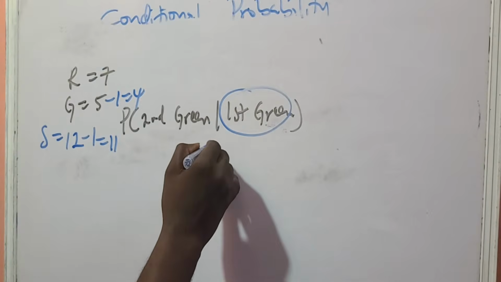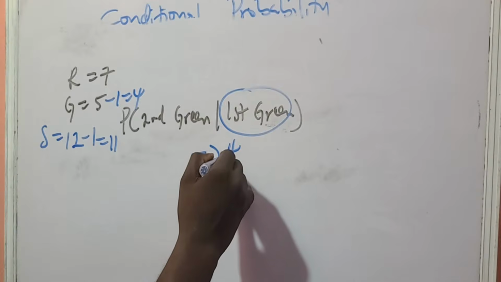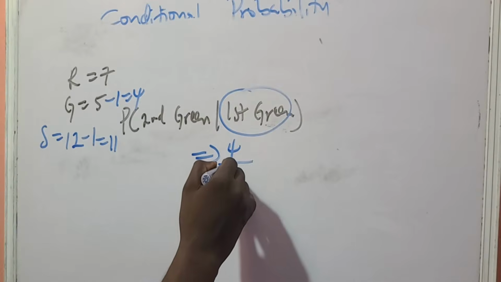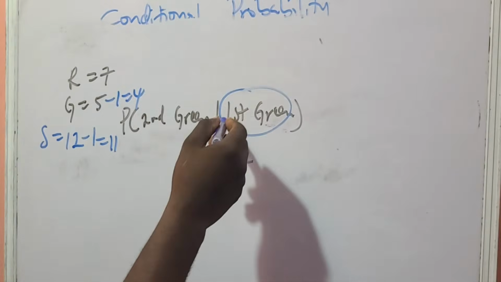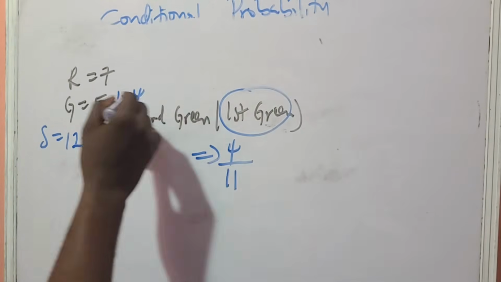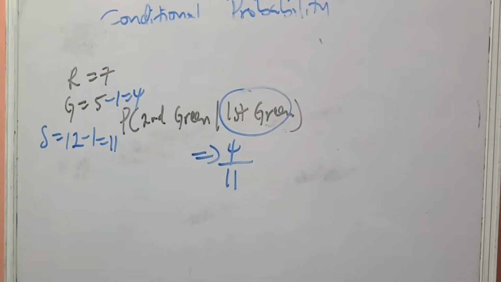So the total you have here for the second being green will be 4/11. This is a tricky one because you picked green the first time, so you must subtract the first pick, which makes it 4/11.